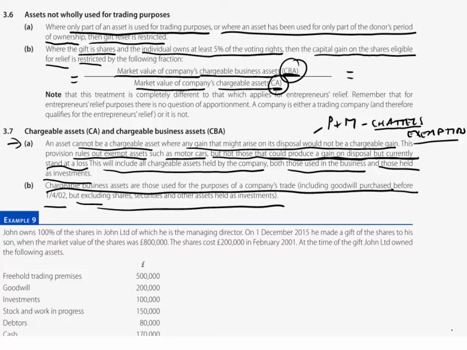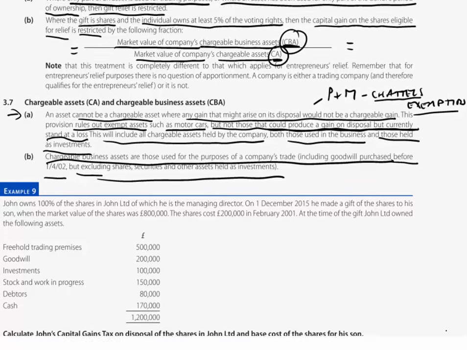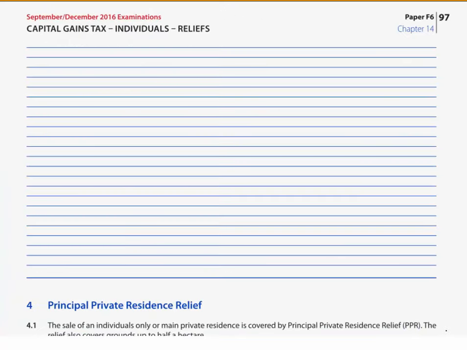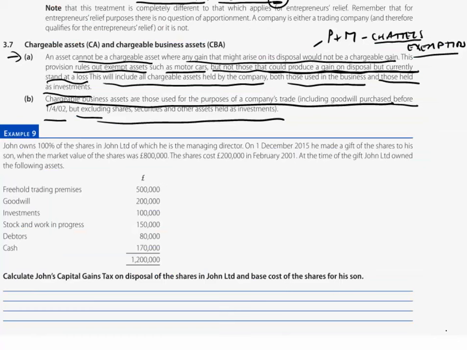So let's then look at example 9 to now illustrate what is going on here. Calculate John's capital gains tax, so not just the gain but the CGT, on the disposal of shares in John Limited and the base cost of the shares there for his son.